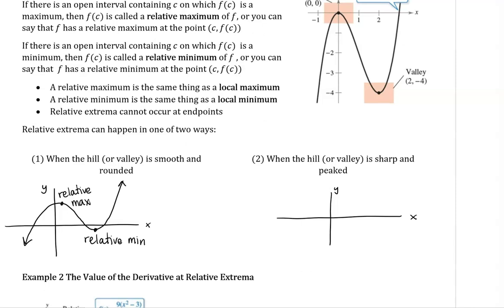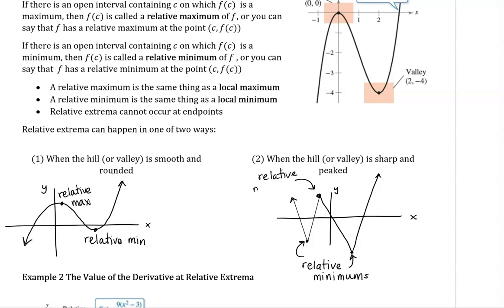Or if it's not smooth, we could also have a pointy hill and a pointy valley. Here's an example of a function that has several relative extrema: relative minimums at these two dips in the graph, and one relative maximum right here. So the two scenarios are smooth and rounded versus sharp and peaked.